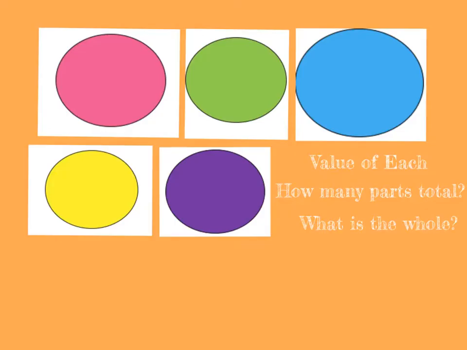Now that we understand the basic ideas of different pieces of a fraction, we can figure out, using these circles, what fraction these circles represent. So the value of each, we're going to understand that each equals one part of the whole. So 1, can't really see that, sorry. 1, 2, 3, 4, and 5. There are 5 circles.